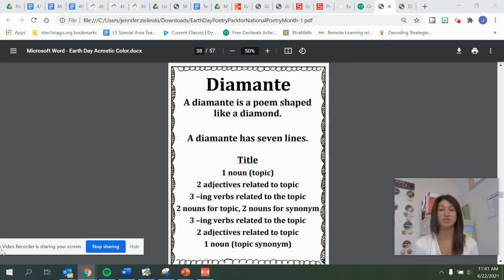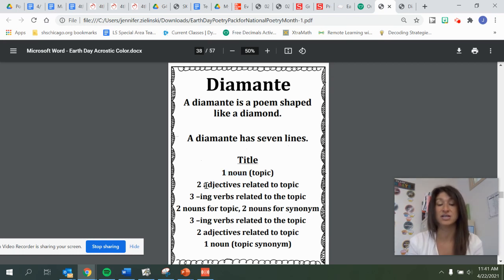One thing that we have to make sure that we know first are parts of speech. We need to make sure that we know what a noun is, an adjective, and a verb. And we also need to know what a synonym is. As a review, when we say noun, that's going to be a person, place, or thing.